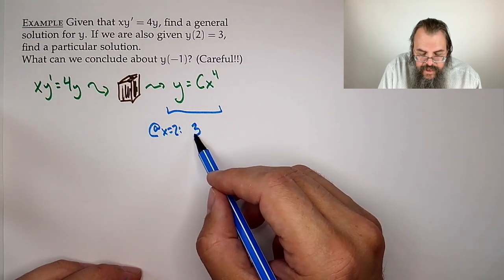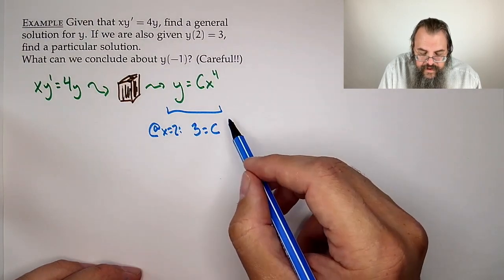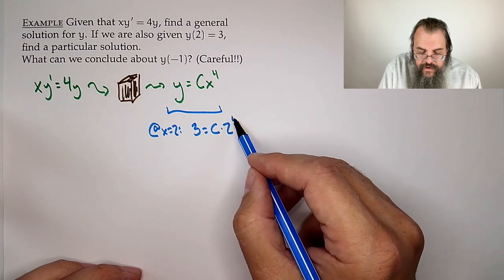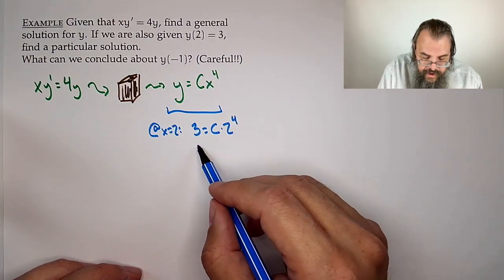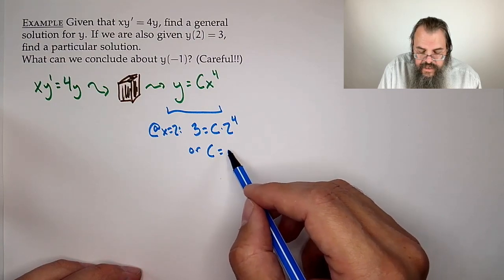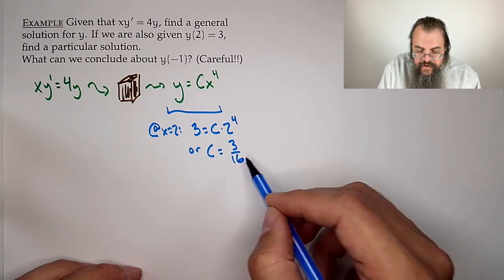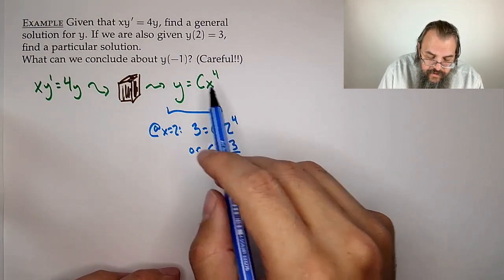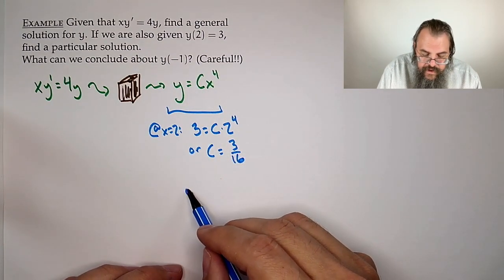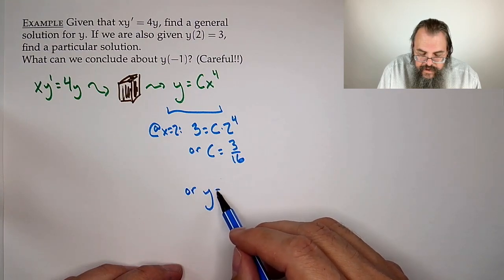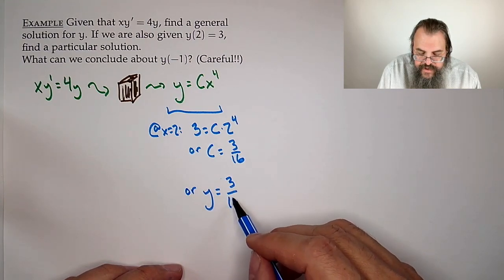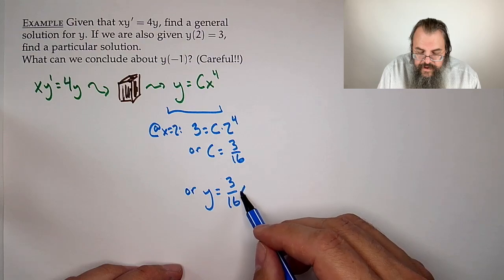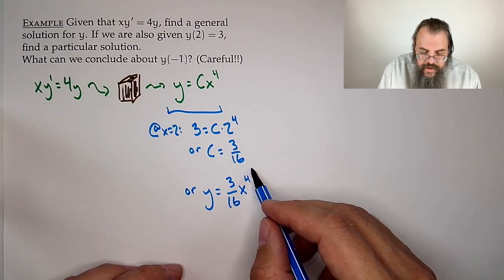We get 3 equals some constant c times 2 to the fourth, or we can solve c equals 3 over 16, because 2 to the fourth is equal to 16. So now, here's a nice solution. y equals 3/16 times x to the fourth.